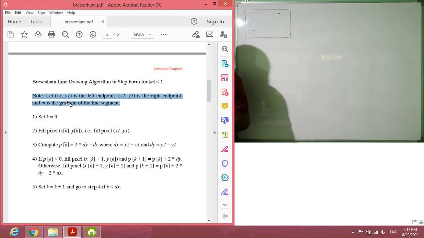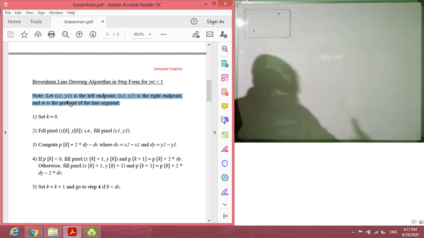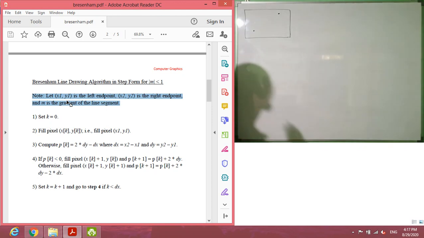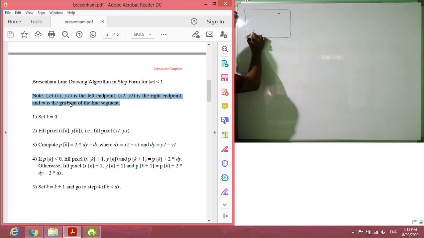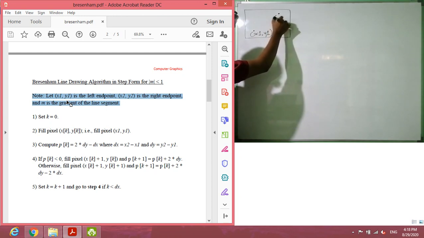How can you select this? The endpoint which has the lower x coordinate is the left endpoint. So this one is x1 comma y1, then the right endpoint is x2 comma y2.